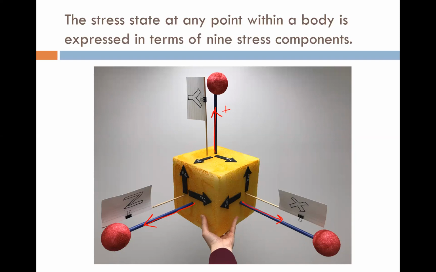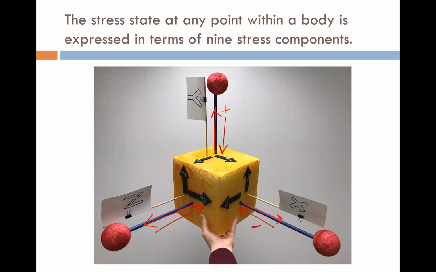Whereas if the stresses are instead facing towards, so if they were facing like so, these would be negative. And on our shear stresses, it's a little bit more complicated. So listen carefully.